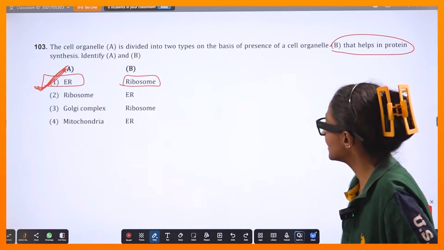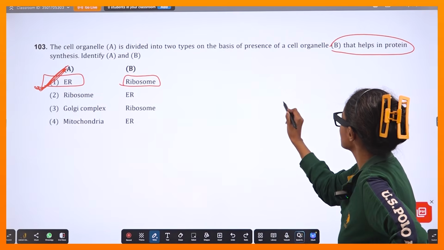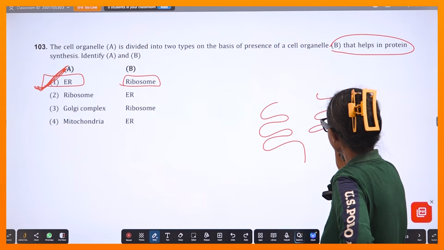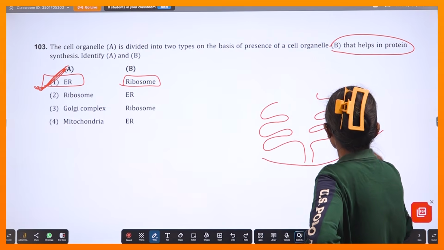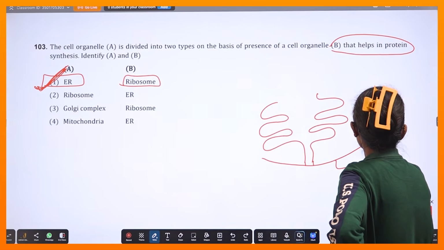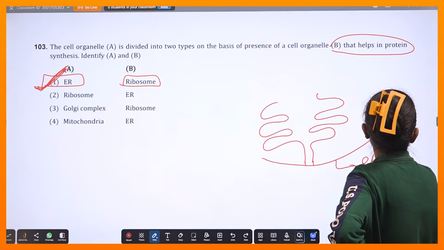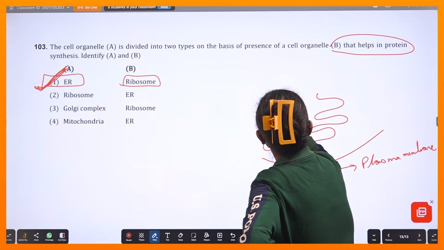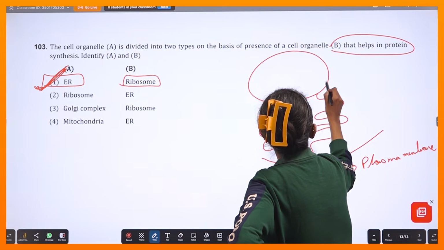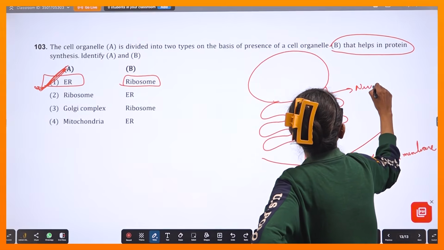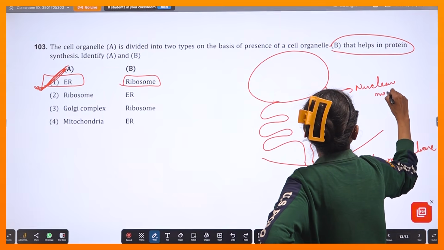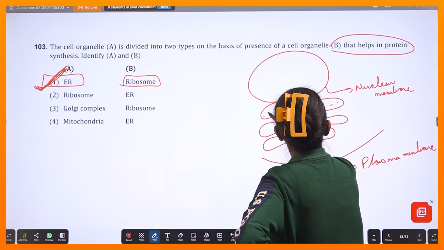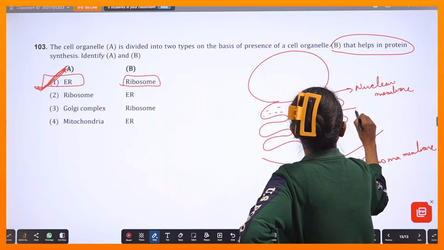Correct? See, you know the endoplasmic reticulum looks like this, right? Suppose this is the plasma membrane, and this is the nuclear membrane. Ribosomes.